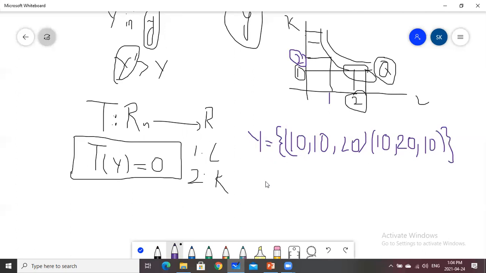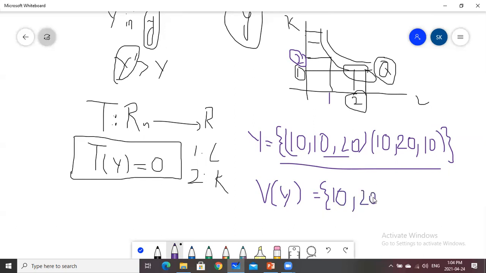Now if we assume that the firm is using the input requirements, then such a set can be written as V of Y is equal to (10, 20), these are the units of labor and capital, and (20, 10). Now the input requirement is 10, 20 and 20, 10.